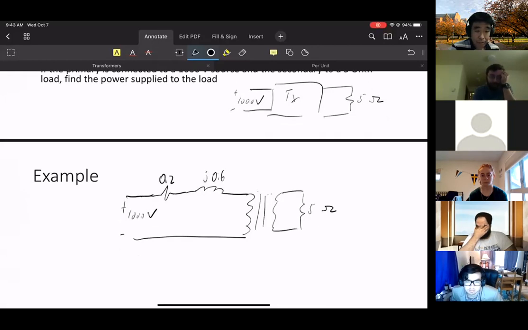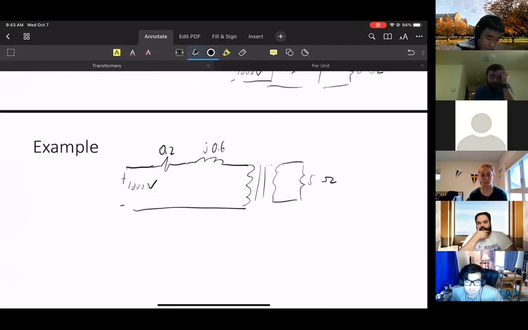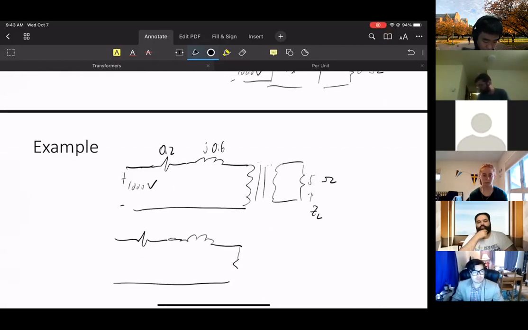To do this, we want to draw this circuit. So let's call this the load, and I refer this load to the primary. Now, what's the value of the load referred to the primary? I attach a 5 ohm load to the secondary, and I have to refer it to the primary side. What equation do we use?